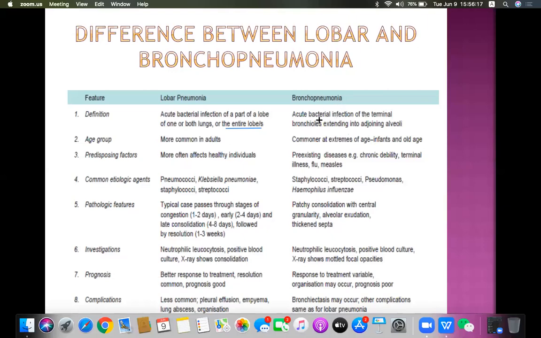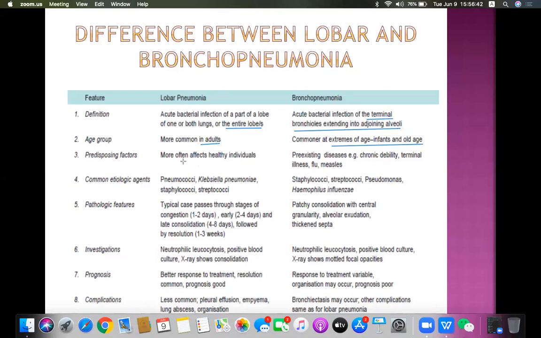Bronchopneumonia, acute bacterial infection of the terminal bronchioles extending into the adjoining alveoli. Now age group, lobar pneumonia is more common in adults, and bronchopneumonia is common at extremes of age, meaning very young and very old. Very young means infantile age.